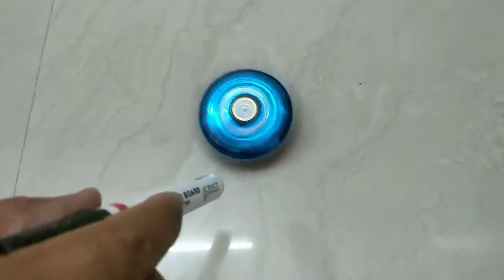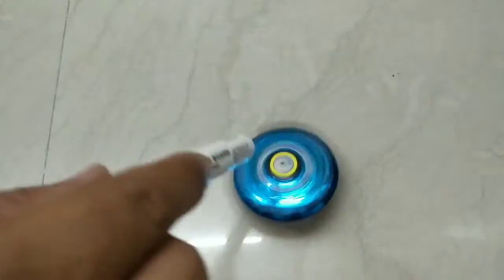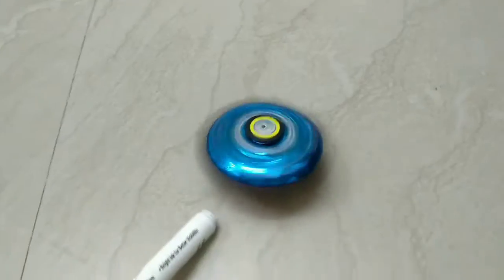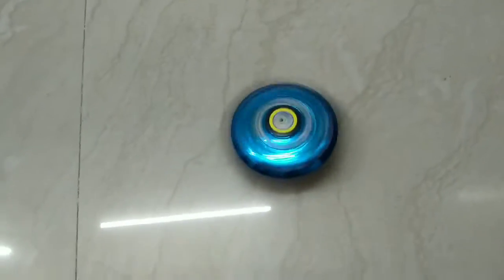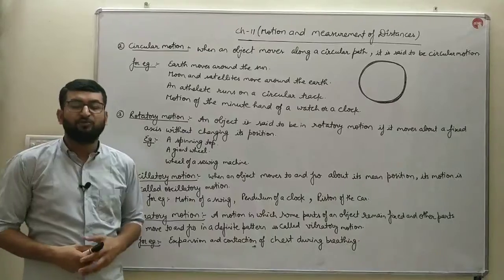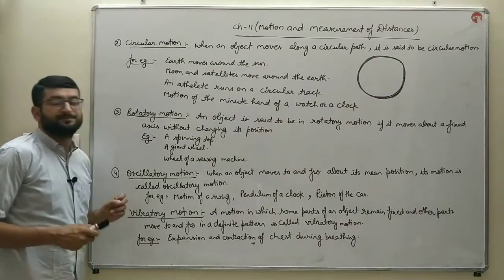As you can see, children, it is moving along a fixed axis. So it is a spinning top which is moving along its fixed axis, and this is an example of rotatory motion. The next type of motion which we have to discuss is oscillatory motion.